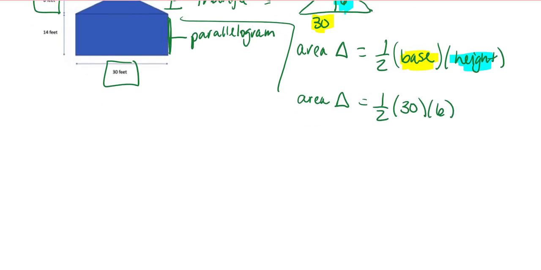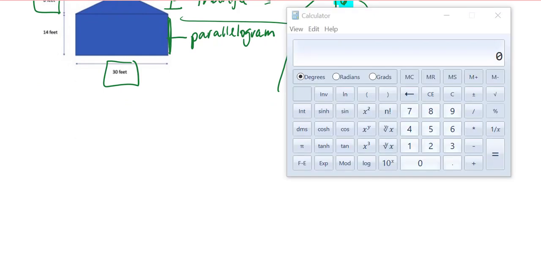So let's get our calculators out. 30 times 6 is 180. And now we can multiply it by 1/2, or we can just divide it by 2, which is the exact same thing because 0.5 or dividing by 2 is the same thing.